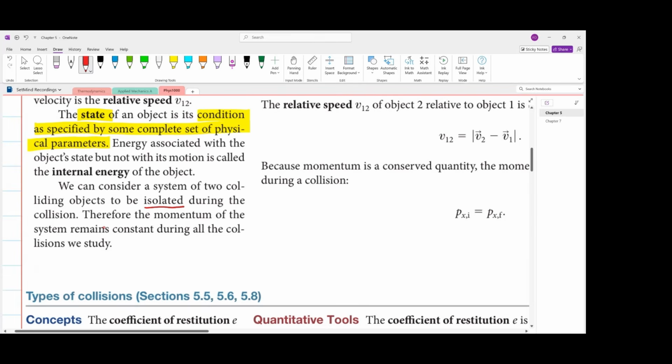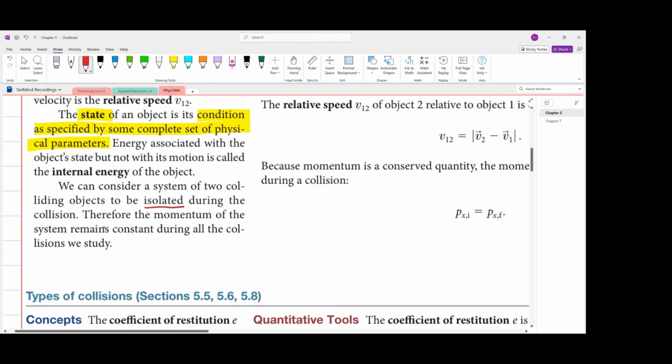So again, this is building up from chapter 4. We already know what the isolated system is. So in this case, we consider colliding objects to be isolated systems unless specified otherwise. So if a question just says collision, you take it to be isolated, even if they don't specify that it is isolated.